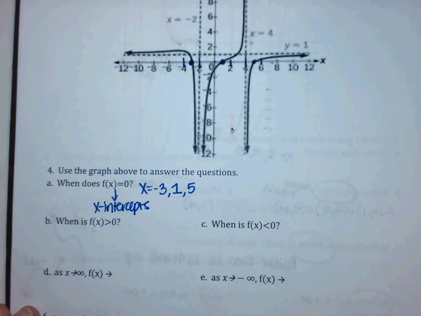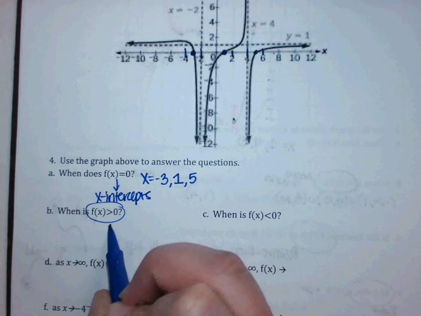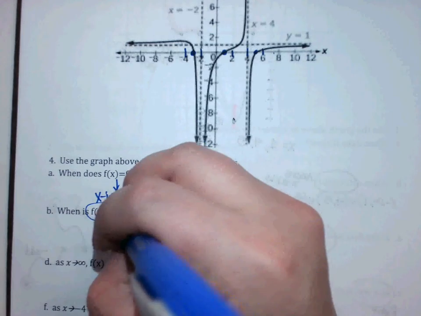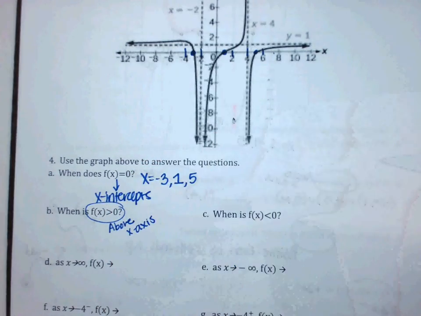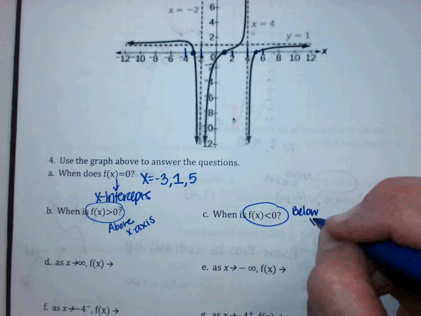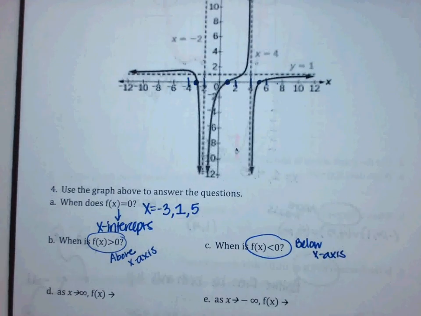Okay, next question. When is f of x greater than 0? Greater than 0 means I need to be above the x-axis. And then less than 0 means that I need to be below the x-axis. So what I'm going to do is I'm going to shade all the parts above the x-axis in pink. Okay, should I at the beginning of the graph be highlighting?